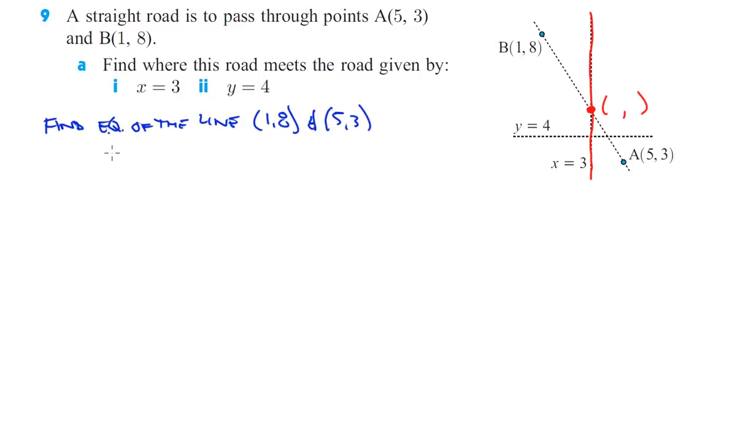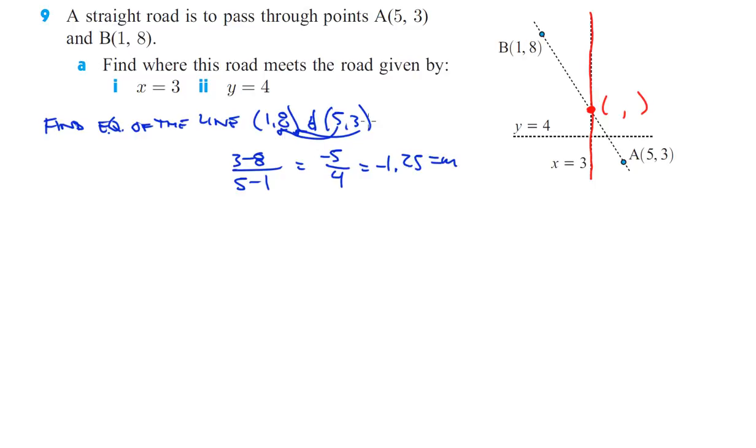Let's find the slope first. We'll go 3 minus 8 over 5 minus 1. That gives us negative 5 fourths, which is negative 1.25. You can either use negative 5 fourths or negative 1.25. I'm a little bit bigger fan of decimals than fractions. So I know that that's my slope.